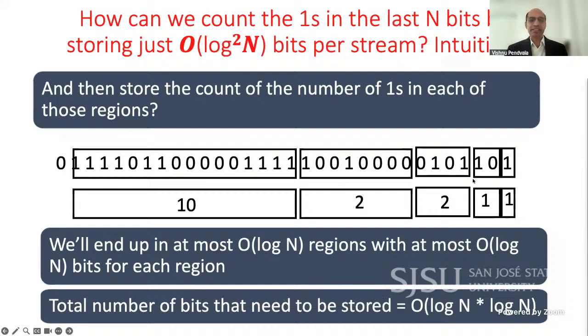So in the intuition part, we just divide the stream into buckets of exponential length. First bucket is 1, second bucket is 2, third bucket is 4. The size indicates the number of bits in the bucket. The next bucket is 8 and so on and so forth, right?